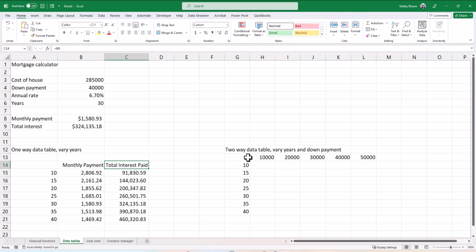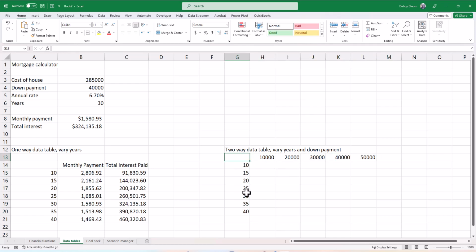Now with a two-way data table, unfortunately you can only show the results of one formula. With a one-way I could add columns and columns if I want. With a two-way data table I could show either the monthly payment or the total interest in the body, but I can vary two at the same time. So in this case, I'm going to vary both the years and the down payment.